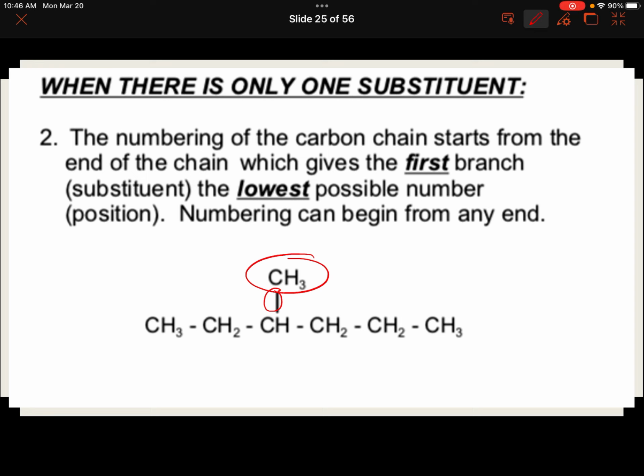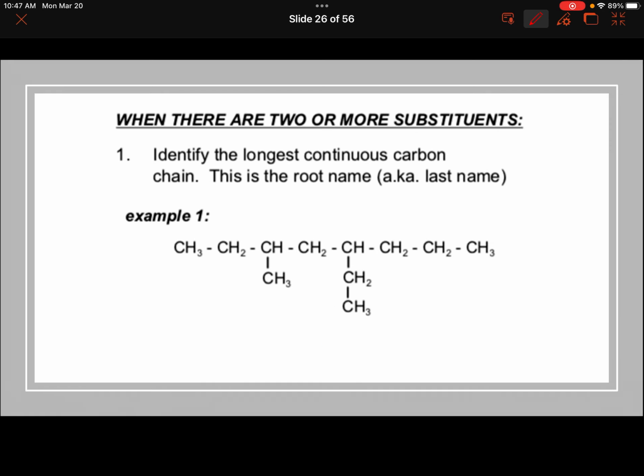So normally we look at where this branch is, which you can see here, and we usually go based off of the lowest, where it's closest to, and that's where we give it. So it's closest to the left here, so that means we're going to label this as 1, 2, 3, 4, 5, 6. Okay? So that is how we number. If there's only one substituent, that's how we number.